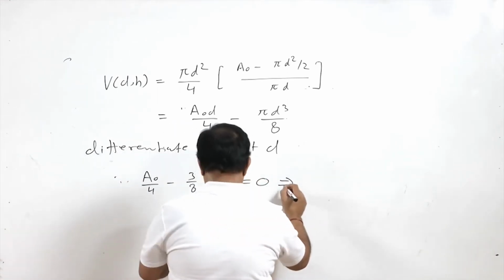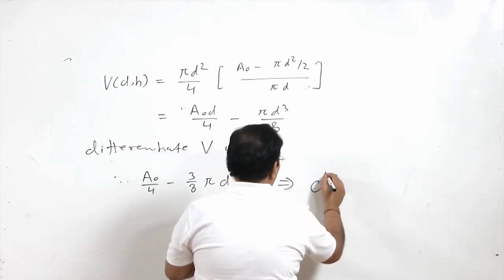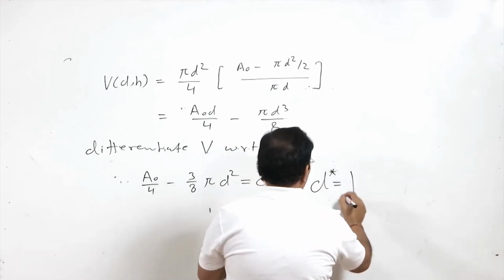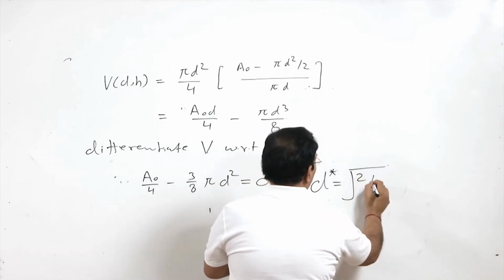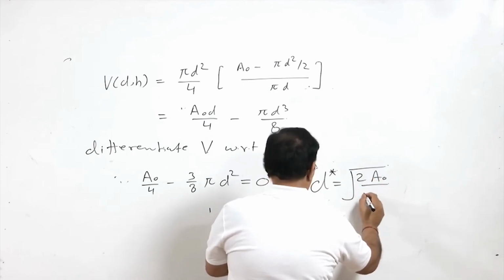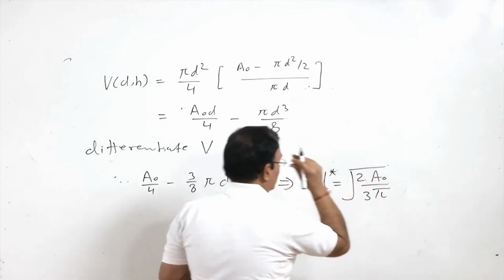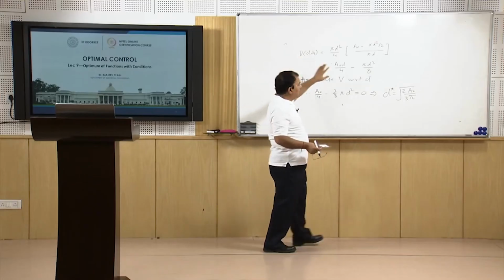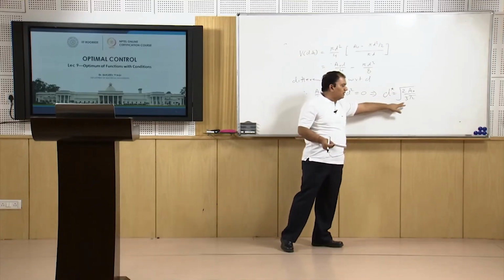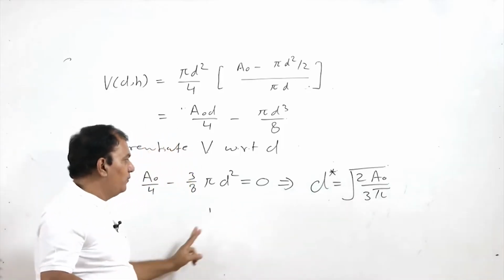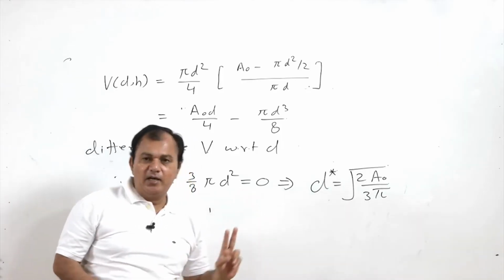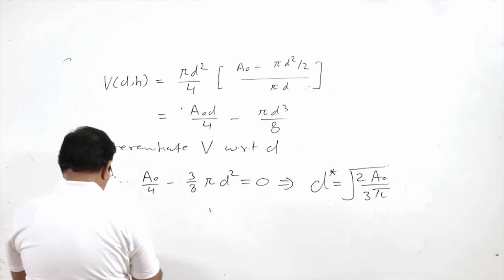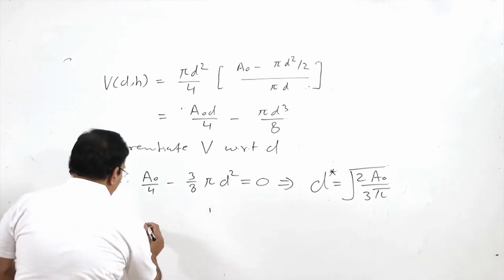This implies my d, which is nothing but my optimal value, is the square root of 2A naught by 3 pi. So, for V to be maximum, d is the square root of 2A naught by 3 pi. h we have already determined in terms of d. So, if d is known to me, I can directly write the value of h.